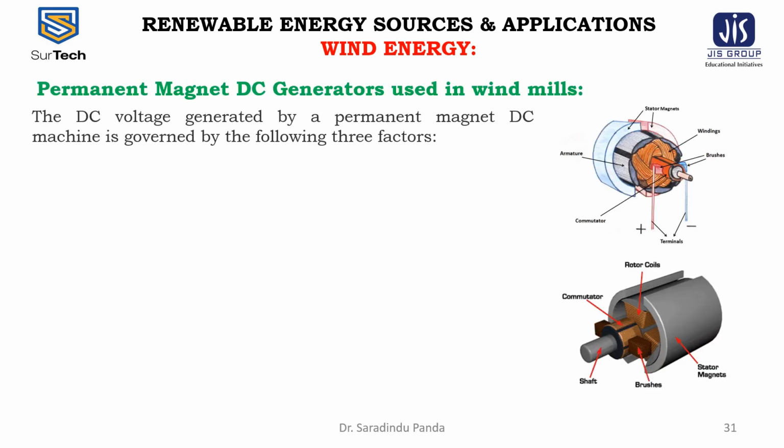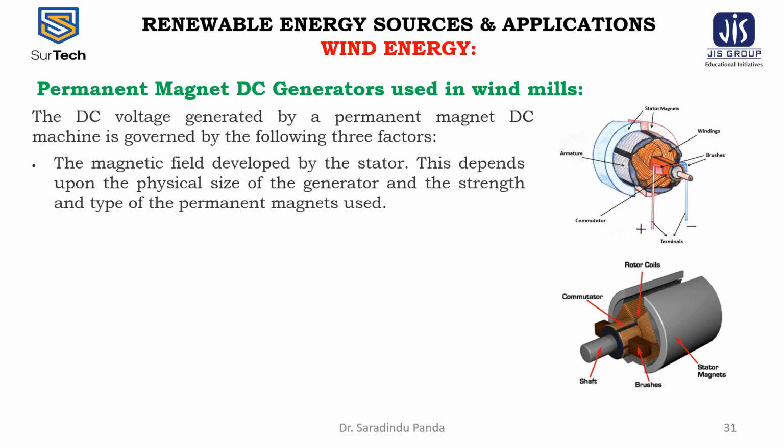The DC voltage generated by a permanent magnet DC machine is governed by the following three factors. Number one is the magnetic field developed by the stator. This depends upon the physical size of the generator and the strength and type of the permanent magnet used.